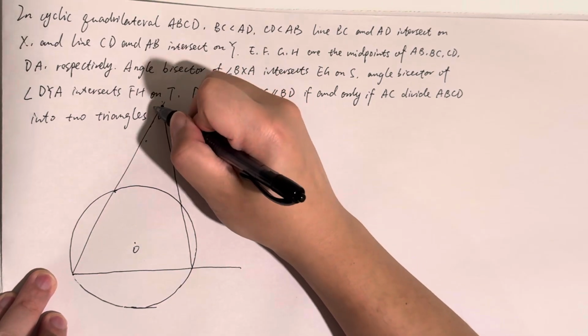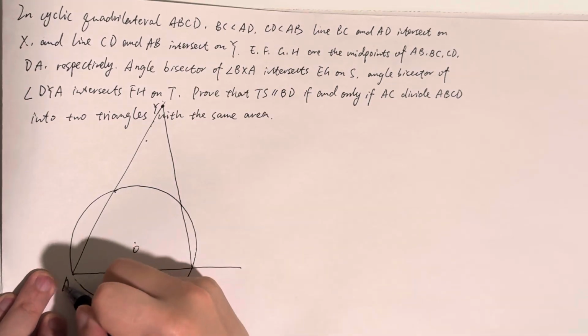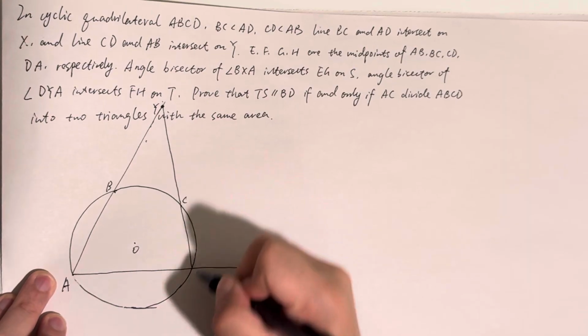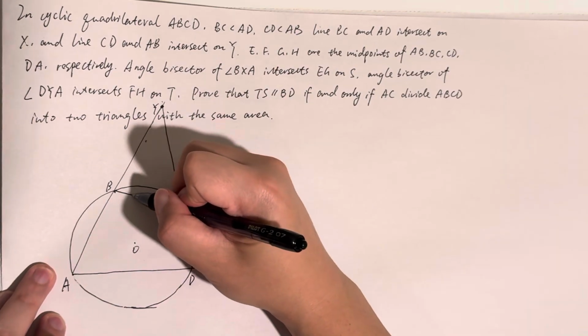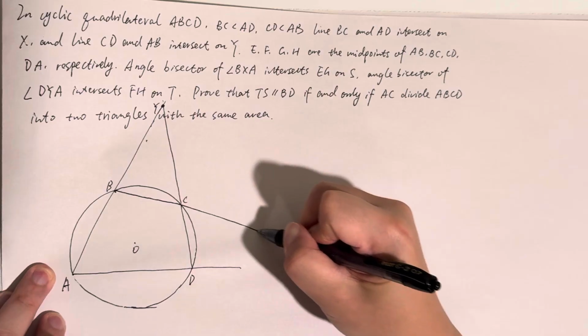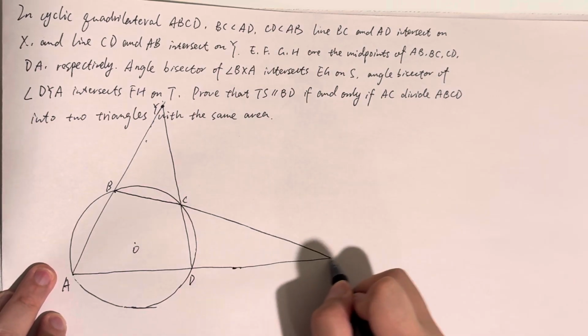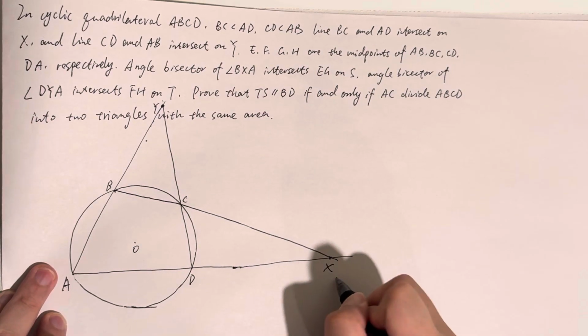This point is Y. So A, B, C, D, and this point is X.